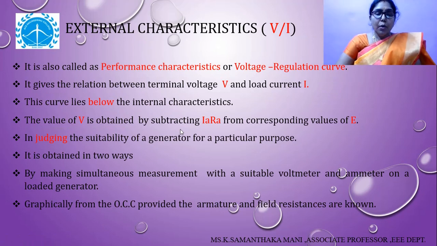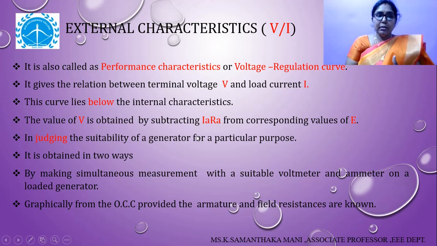Next, what do we mean by external characteristic curves? The external characteristic curve is drawn between the terminal voltage and the load current, and it is also called the performance characteristic or voltage regulation curve. It gives a relation between the terminal voltage V and the load current I. This curve obviously lies below the internal characteristic curve, because by the name itself it is an external characteristic curve.